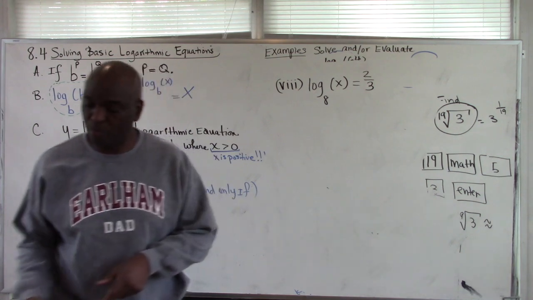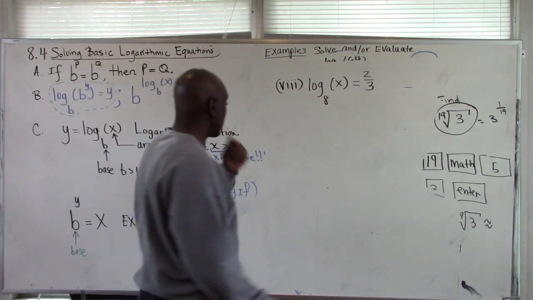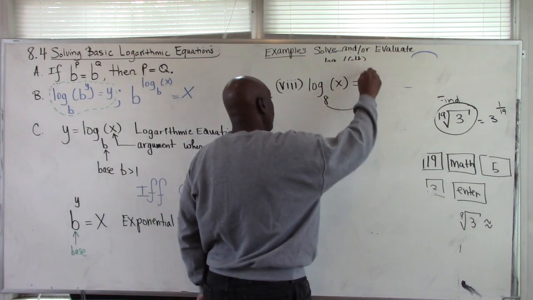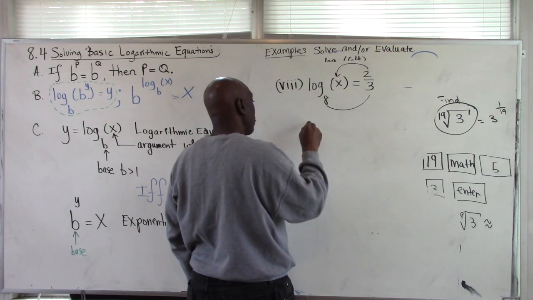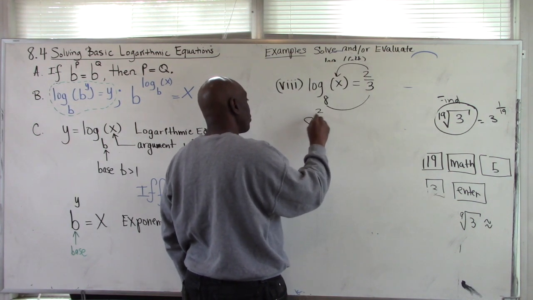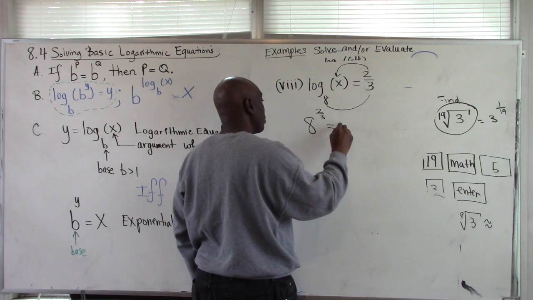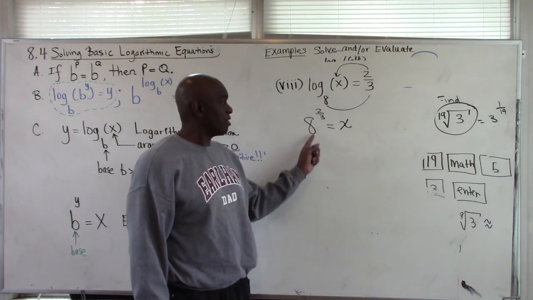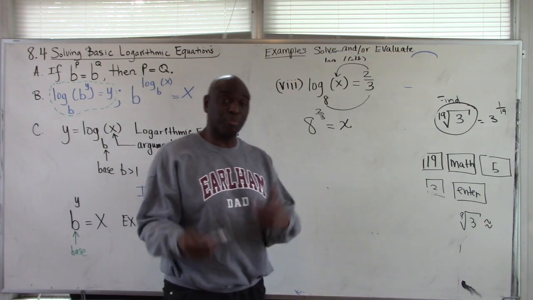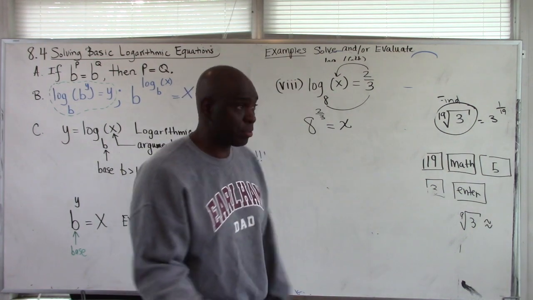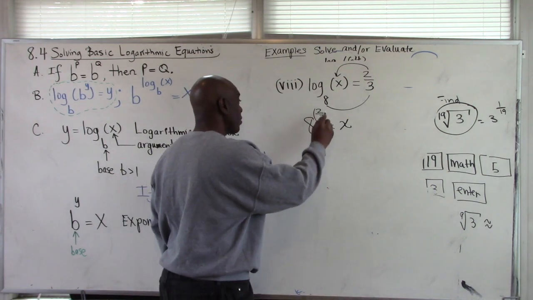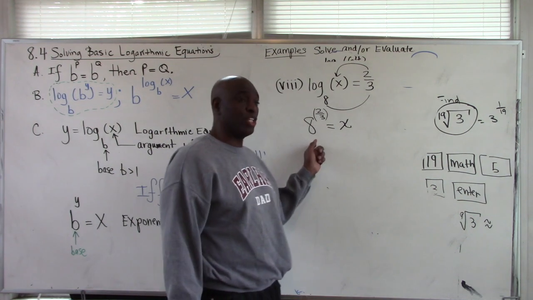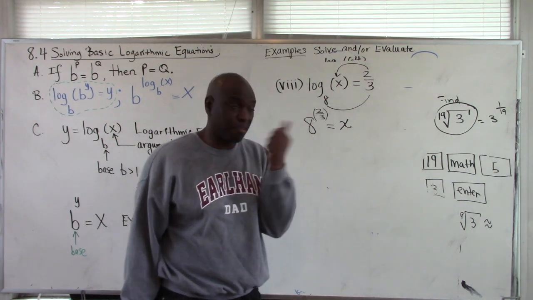How do we do it? Wheels on the bus. Boom, boom, circle. 8 to the 2/3 equals x. What is 8 to the power 2/3? You can put it in the calculator if you want to. Put parentheses around that and give me just 8 to the 2/3 and hit enter.